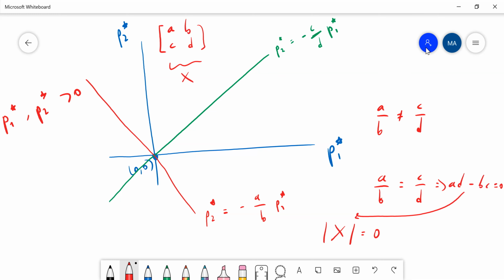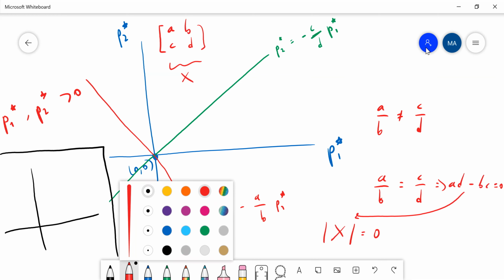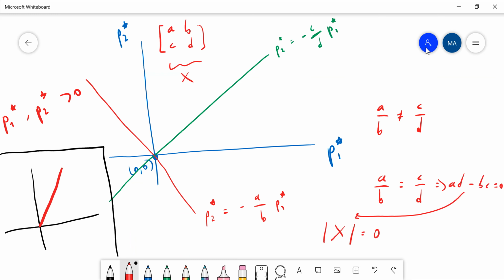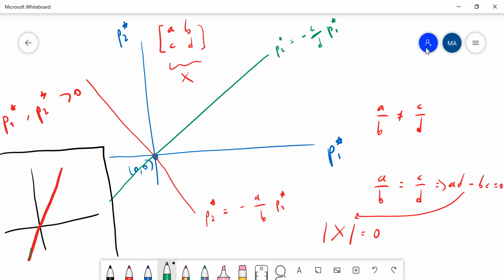So for equilibria, you must have something like this. The first equation will go like this, okay? The second equation will go like this, okay? So basically, they're going to overlap perfectly, right? So now, what's going on?